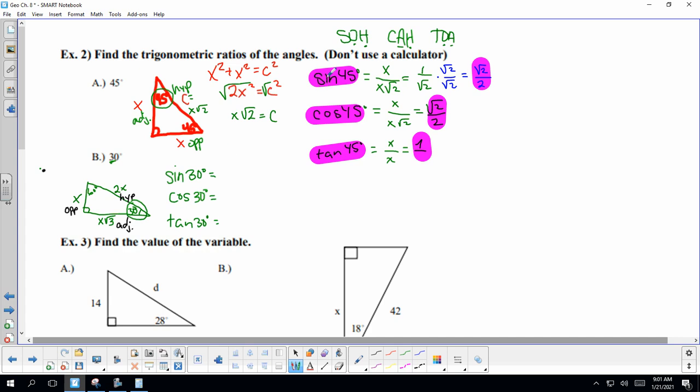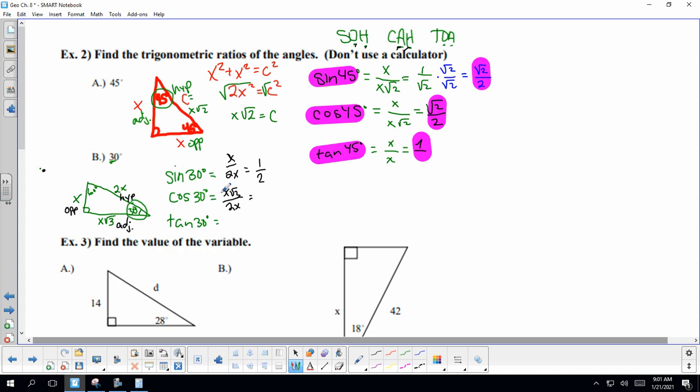So sine is opposite over hypotenuse. The opposite side is x, and the hypotenuse is 2x. When we simplify this down, the x's cancel, and I get 1/2. Yay! Cosine is adjacent over hypotenuse. The adjacent side is x root 3, and the hypotenuse is 2x.